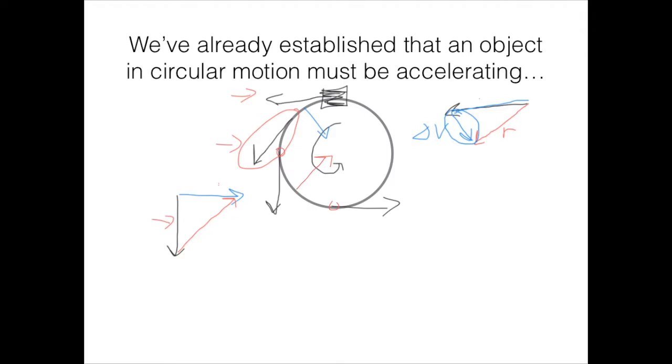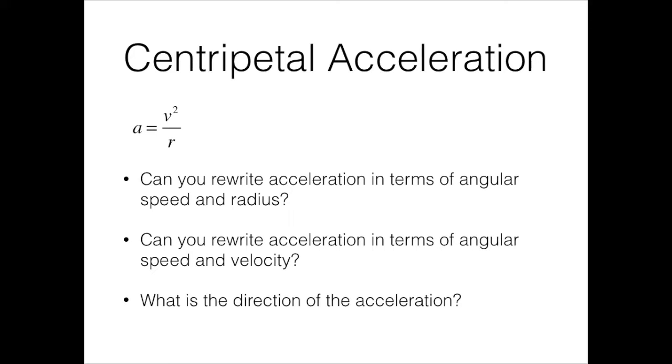So there we have the idea behind the force causing this motion, or the acceleration. Remember, I use force and acceleration interchangeably because we know that force equals mass times acceleration. So if the acceleration is towards the middle of the circle, the force must also be towards the middle of the circle. From this, we can do centripetal acceleration.